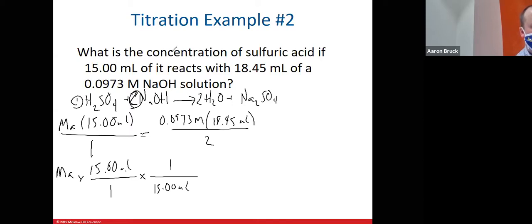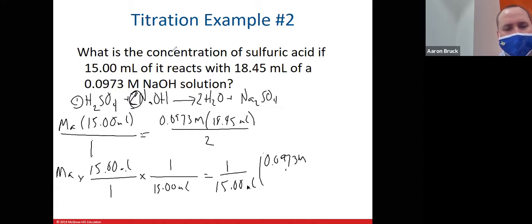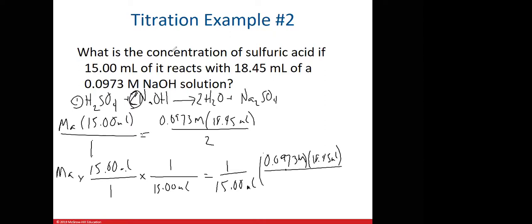Got to do the same thing to the other side. 1 over 15 milliliters multiplied by 0.0973 molar, 18.45 milliliters over 2.